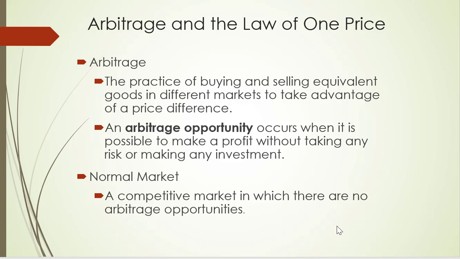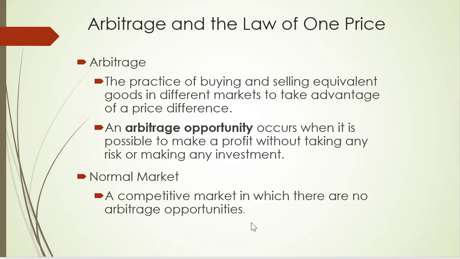There are a couple of definitions of arbitrage, but essentially, we get to a point where we say that all projects or all assets that are identical should have the exact same price regardless of the market. So in a normal, competitive market, there are no arbitrage opportunities. So prices should be relatively close.